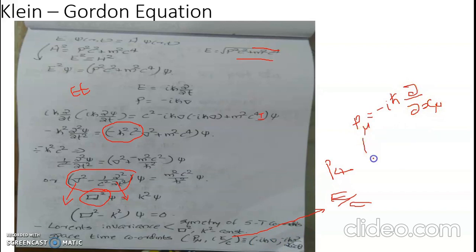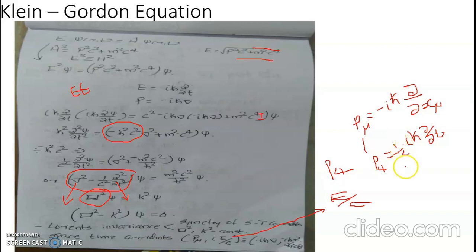And the 4th component, p4, is, as I have told you, iE by c, that is i by c into E, energy. Energy in quantum mechanics is iħ ∂/∂t. Now let's take this i in the numerator to the denominator.